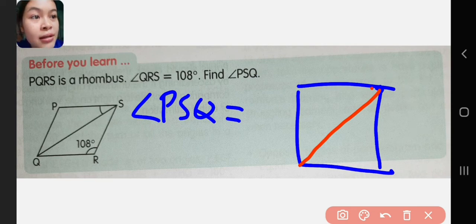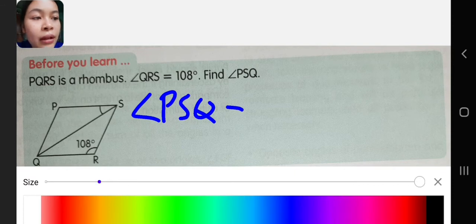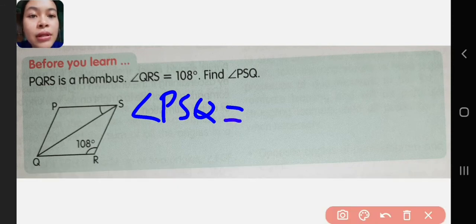It's the same with a rhombus. If you drag a line from S to Q, you divide the shape into two equal parts, so you also divide the angles into two.